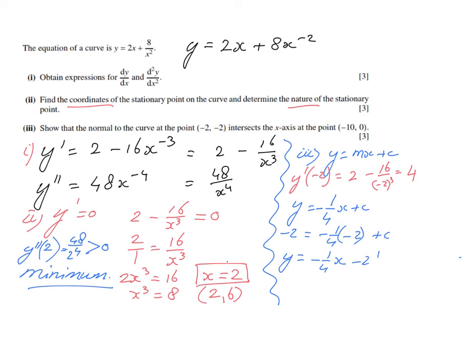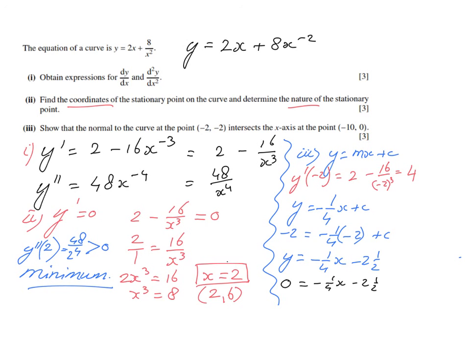But c is going to be minus 2.5. They're telling me I have to show that it intersects the x-axis at point minus 10, 0. Well, the x-intercept is when the y-coordinate is 0. So if I do the last step in black, I'm going to find out, when y is 0, what is the value of x going to be?